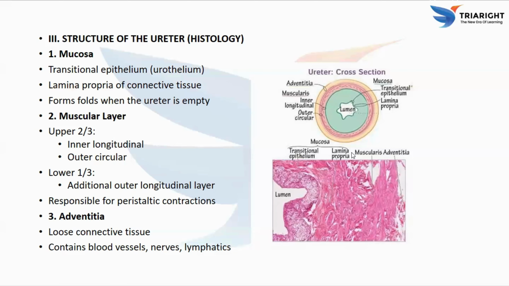Transitional epithelium is unique to the urinary tract, and the stone obstruction pain comes mainly from the muscular spasms. You can see all the layers of the ureter.